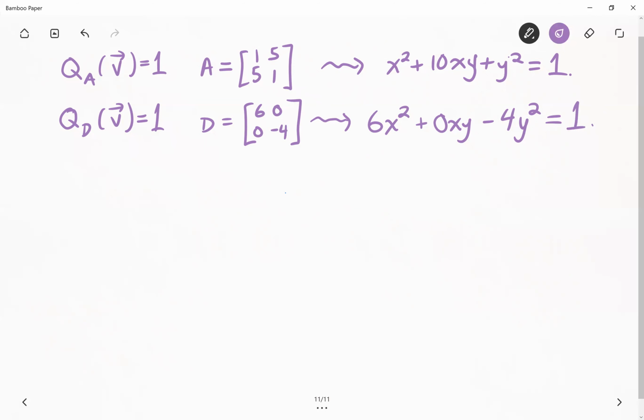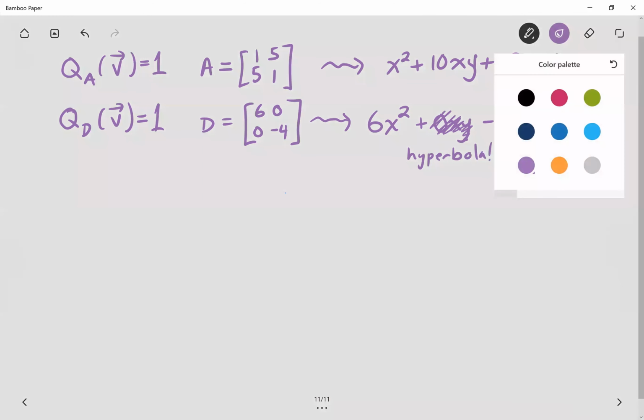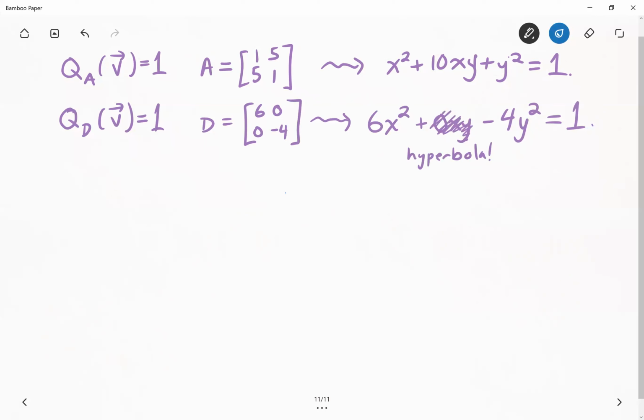And this 0xy, we don't really need to write that. So instead, what we have is 6x squared minus 4y squared is equal to 1. And we know how to graph that. It's a hyperbola. Right, so in order to graph that, maybe at first I'll go ahead and rewrite it.